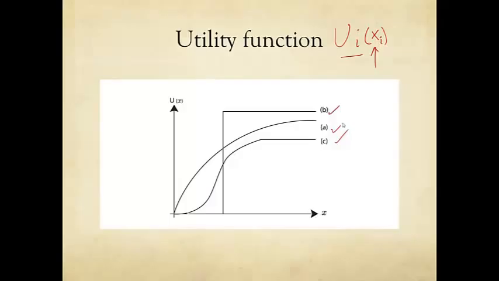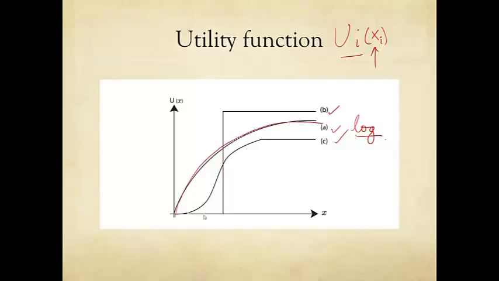U(x) over x is a single variable function. Function A is, let's say, a logarithmic function. We'll see that there is a special fairness notion associated with log functions in a minute. So it is quite nice: it's smooth, increasing, and concave.